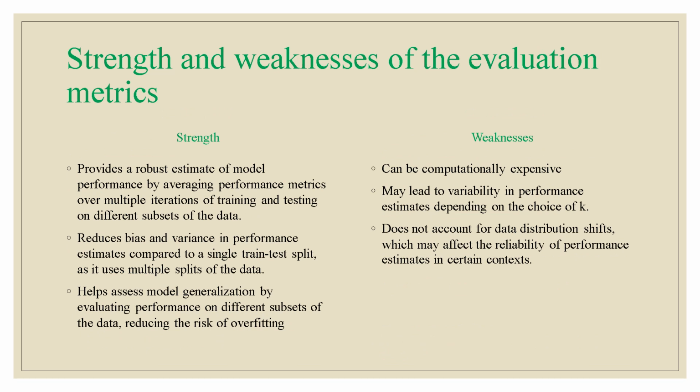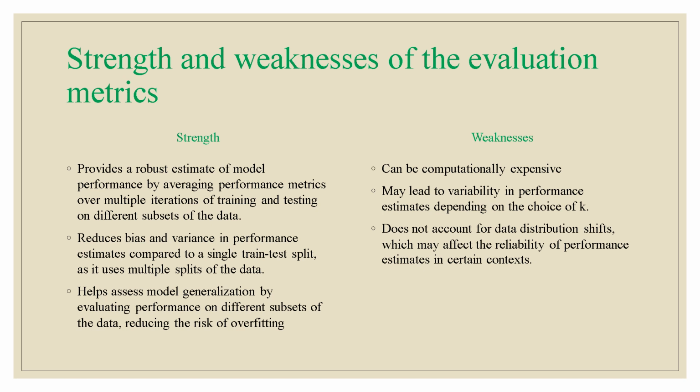Next slide. We talk about the strengths and weaknesses of the evaluation metric, the cross-validation. It provides a robust estimate of the model performance by averaging performance metrics over multiple iterations. Then it reduces bias and variance in performance. Because of time, I will just read them briefly.